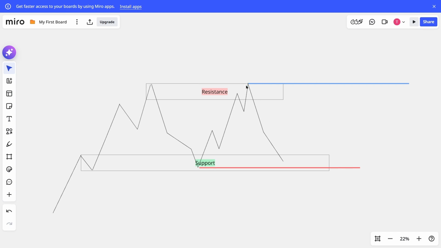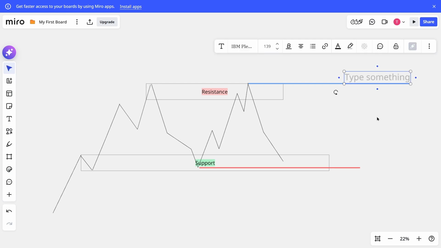So basically, I'm marking this previous high, as stated before, in blue color, and this previous low in the red color. So why am I doing so? Because this high, we call it buy side liquidity.